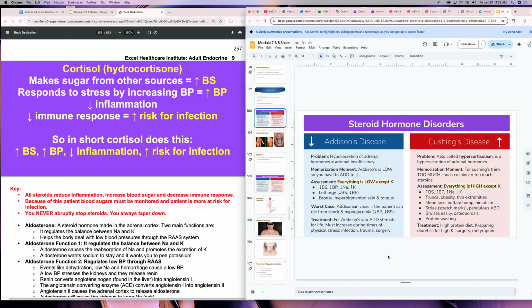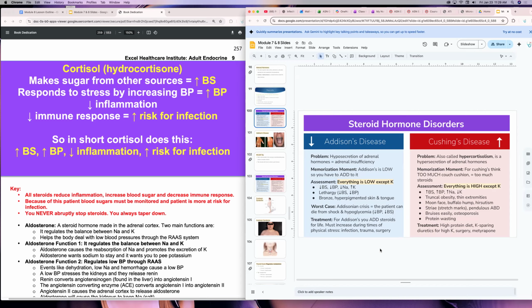So Addison's, the problem is hyposecretion of the adrenal hormones. So that's what we call adrenal insufficiency. Anytime you see adrenal insufficiency, that means low adrenal hormones, low steroids. So memorization moment, Addison's is low, so you have to add to it.